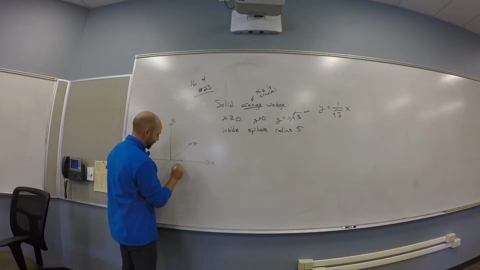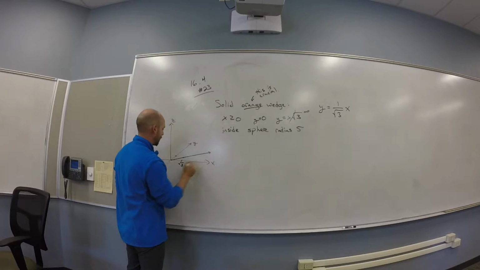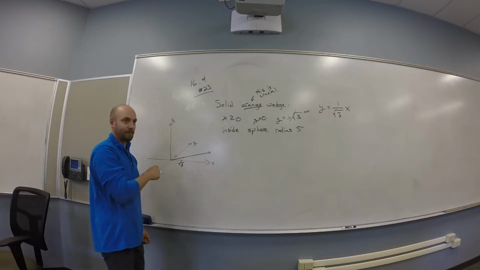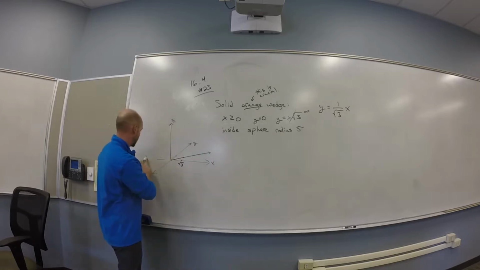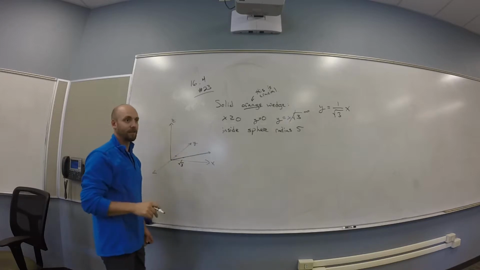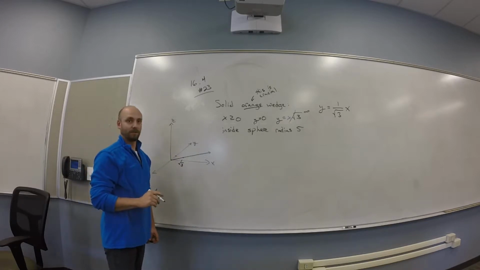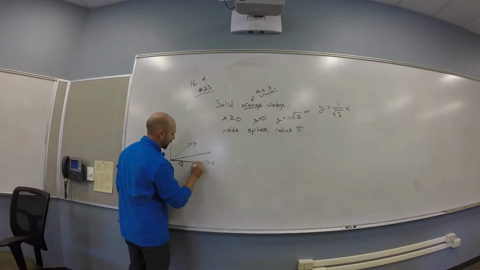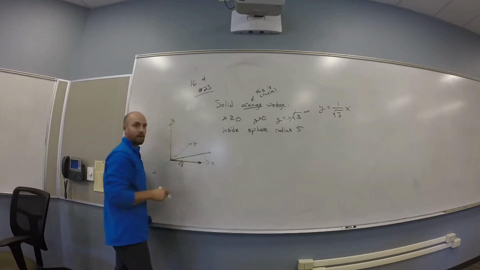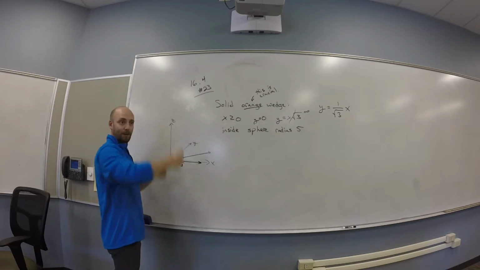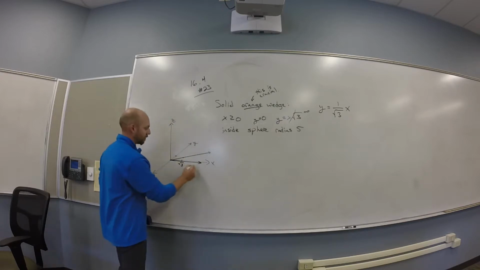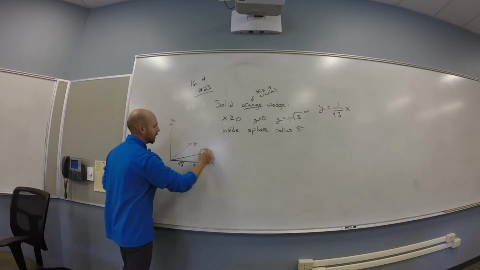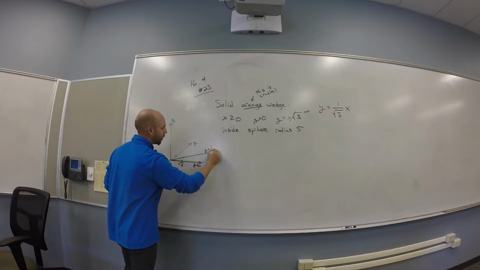So, square root of 3 and 1. I'm not going to draw the left half because x cannot go past that. And the other one is here. I need to sweep those up and down. That's y is 0, and this one's y is 1 over the square root of 3 times x.